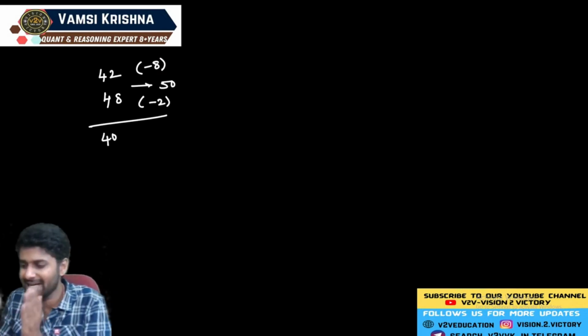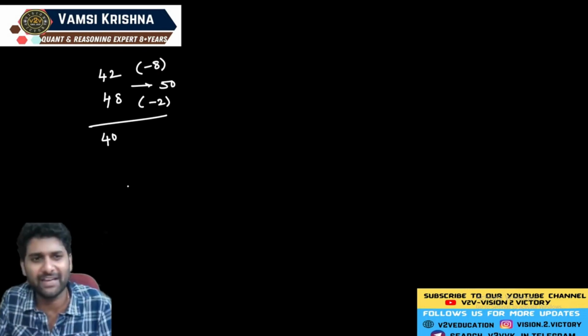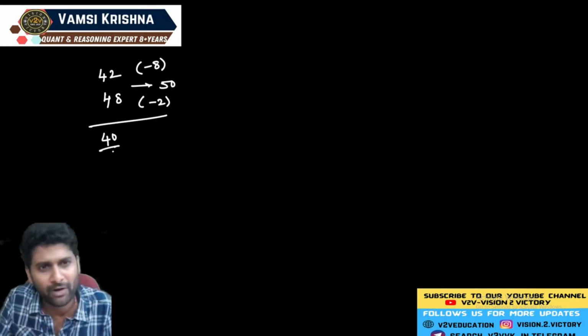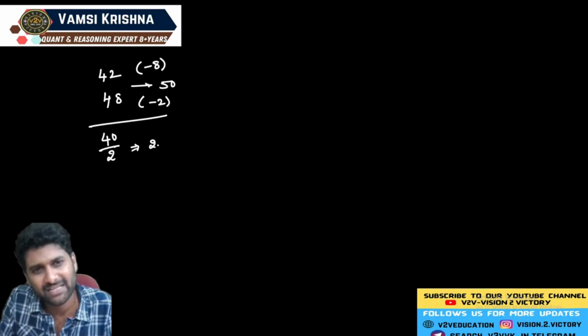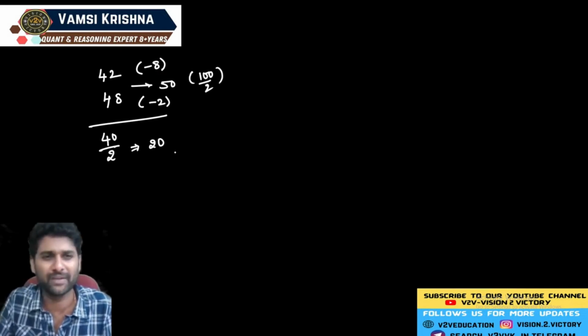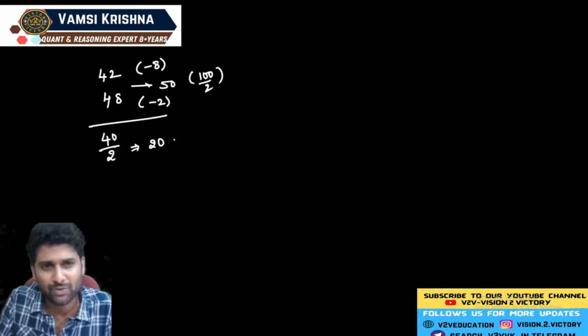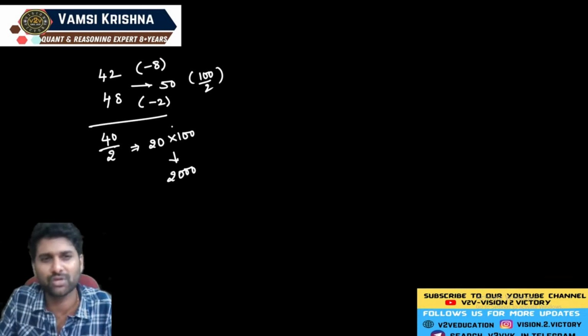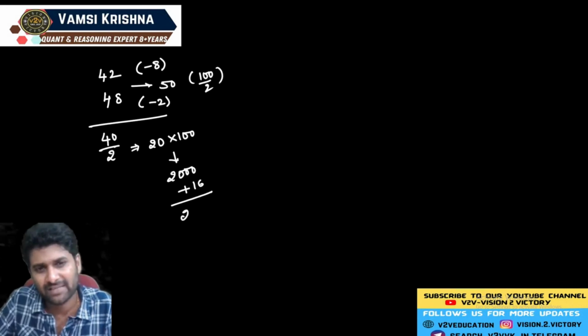Guys, if you take 100 as the base number, for 50 take half of 40, which is exactly 20. Why? Because 100 by 2 is equal to 50. Now 20 multiplied by 100 becomes 2000. If minus 2 is multiplied by minus 8, the resultant is 16. Final answer: 2016 is the correct answer.